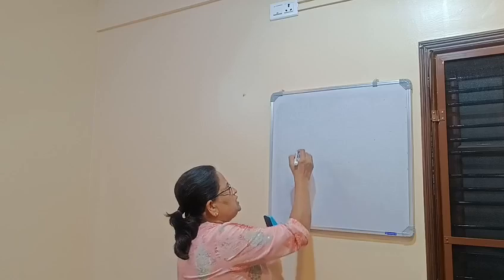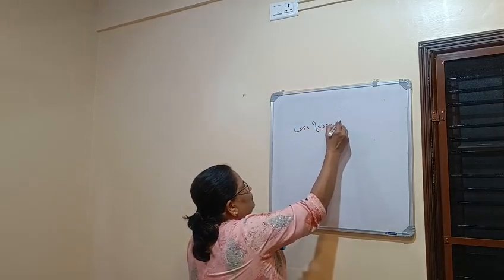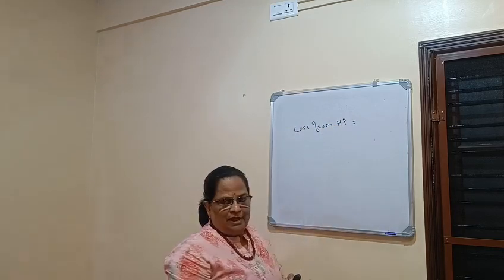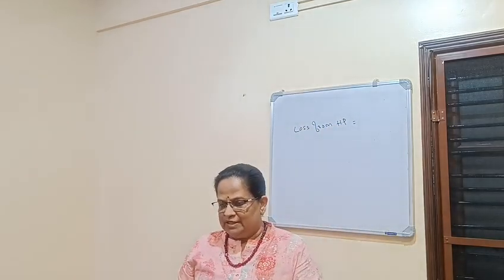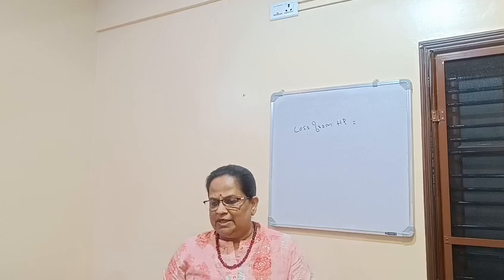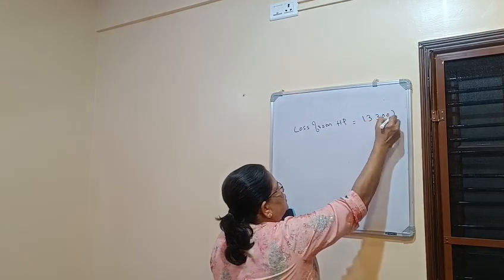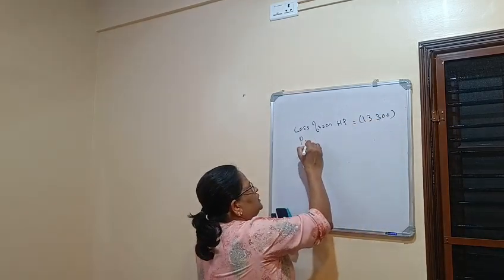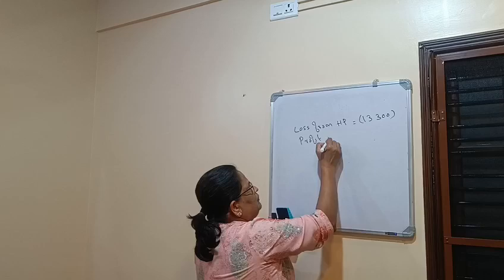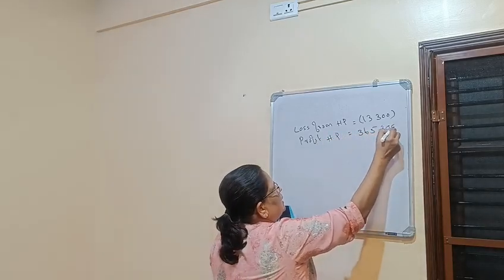So as per the old scheme, loss from house property, that is 13,300 for the first house property. Second is profit from house property, 3,65,300.